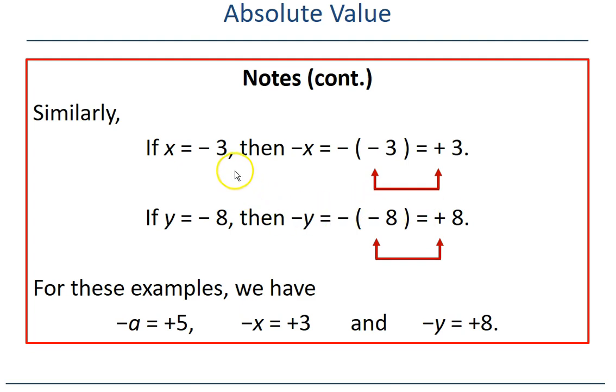And if X is a negative 3, the opposite of a negative 3, as we see here, is a positive 3. We had some of these before, and that's true if Y equals a negative 8.